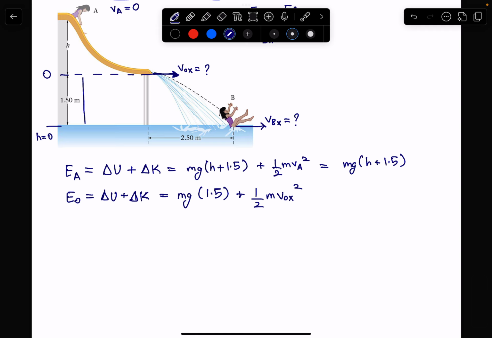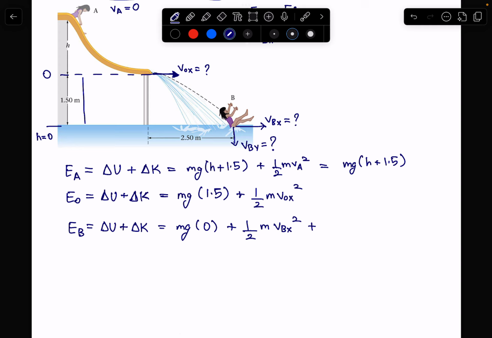All right, so now let's look at the energy at point B. Again, mg, the height is 0 now, so that's gone. Half m Vbx squared plus, there is definitely a Vby in this case, and that's also unknown.